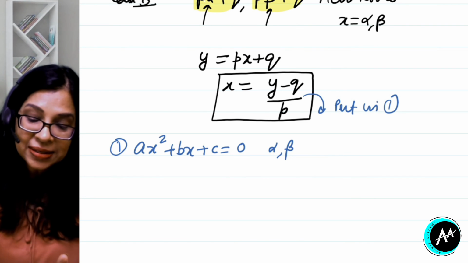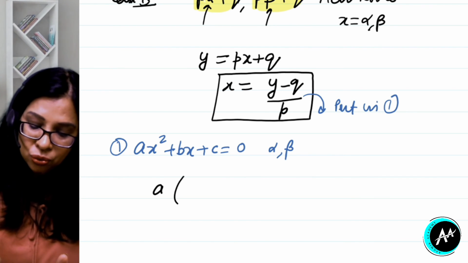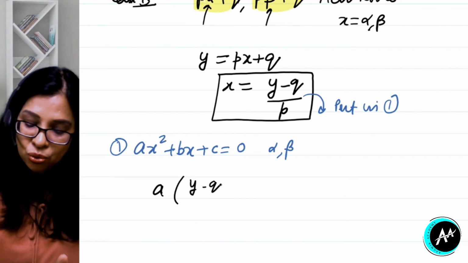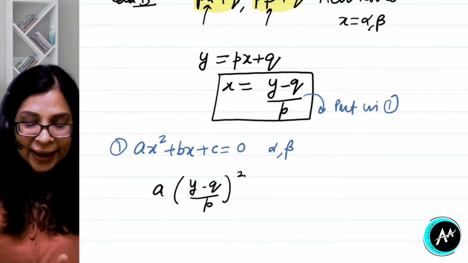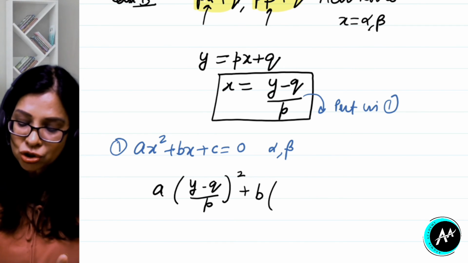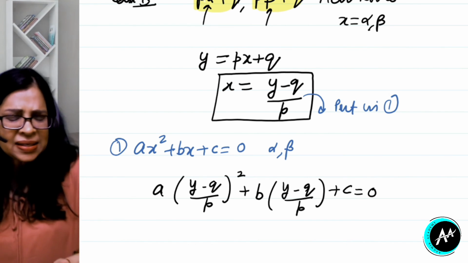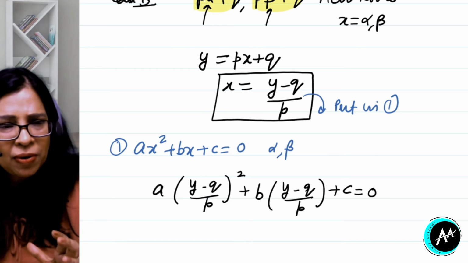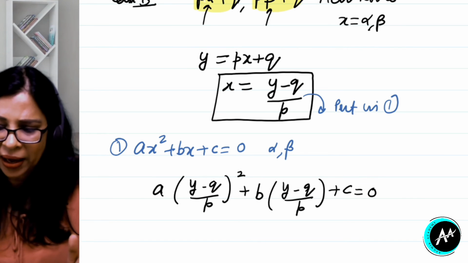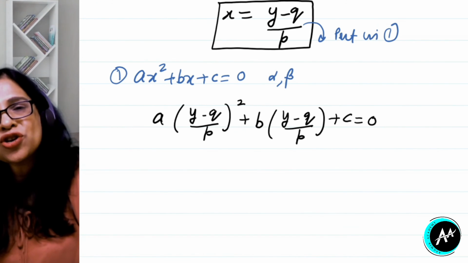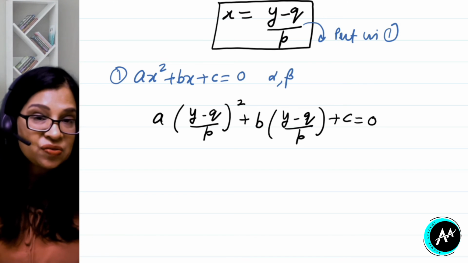What do I get? I will get a into (y minus q upon p) whole square, plus b into (y minus q upon p), plus c equal to 0. This can be solved, you can simplify it, squaring it, cross multiplying, and you know that the equation remains unchanged when we replace y by x.